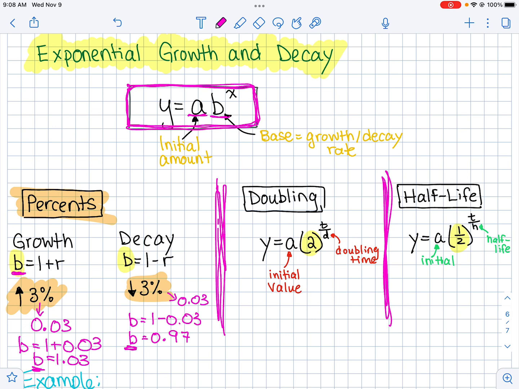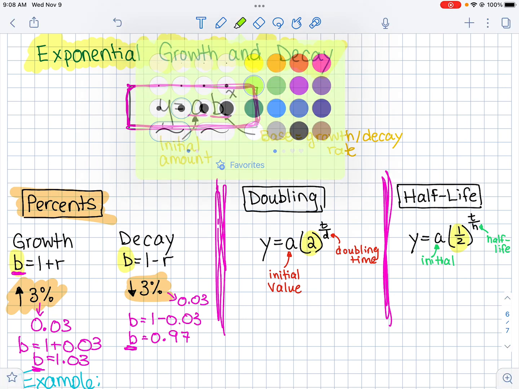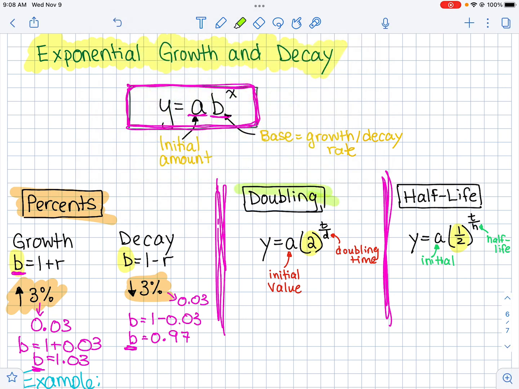Then there are specific questions on bacteria, it seems, and radioactive isotopes. So often bacteria doubles as it grows. If something is doubling, your base is going to be a 2. If something is tripling, your base would be a 3. And then often there's something called doubling time.